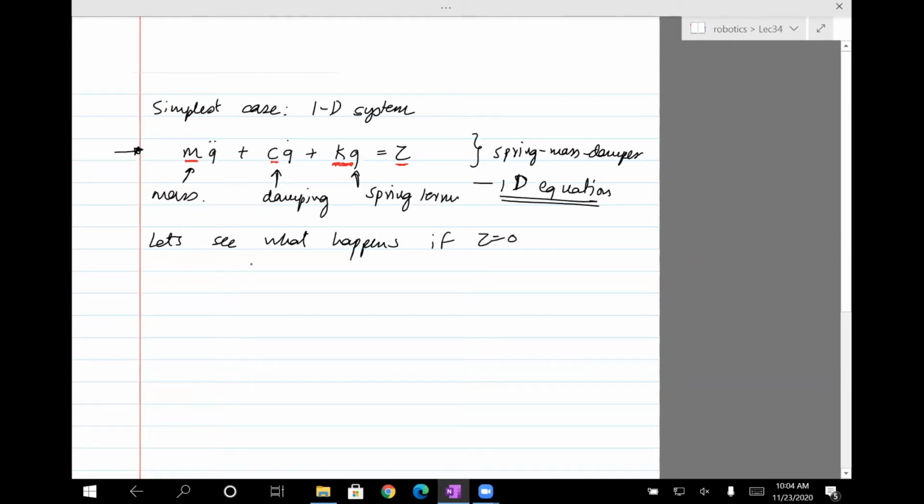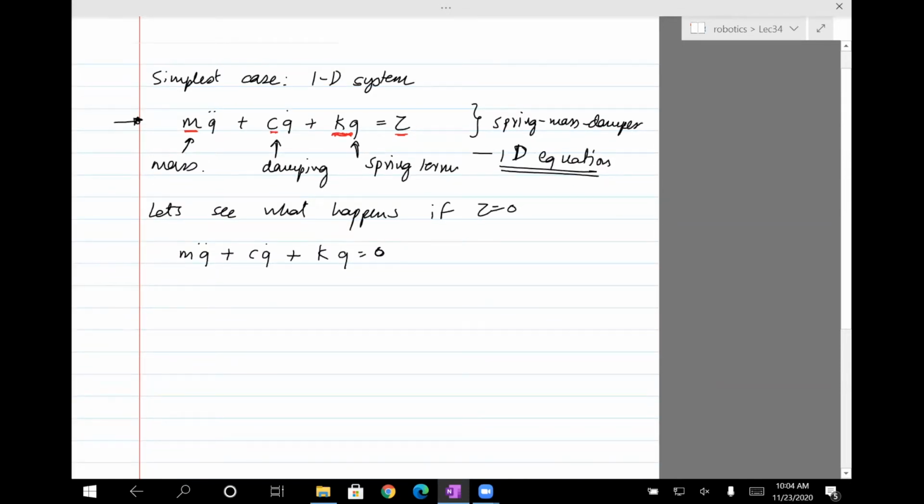Okay, so if I put tau equals 0, then I get m q double dot plus c q dot plus k q equals 0. Okay, and now it's actually a spring mass damper system. So let's try to write this in the form in which you might have seen this before. So I divide throughout by the mass, and get this equation.